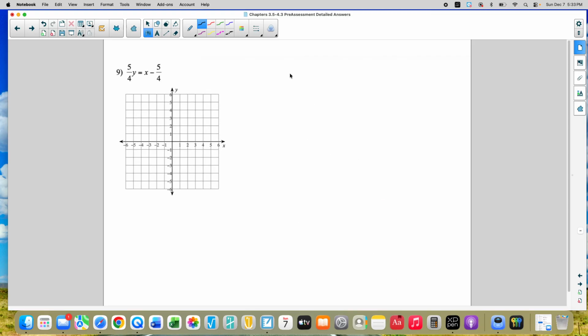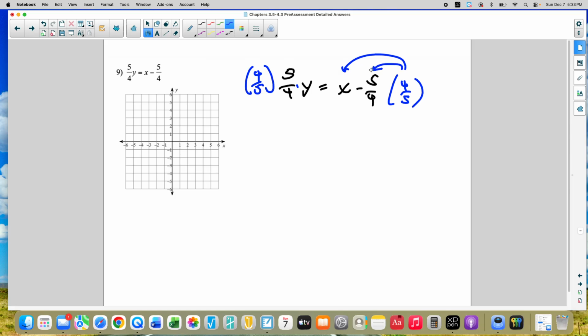Again, it's not in any format, so it's pretty close to slope-intercept form. So I'm going to isolate y. It's being multiplied, so I need to multiply by the reciprocal. And here's the tricky part of this. I got to multiply everything. I got to multiply the x and the -5/4. That gives me y equals 4/5 x, and that's going to give me -1.